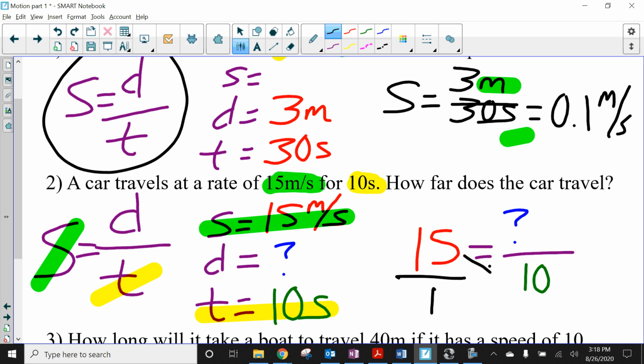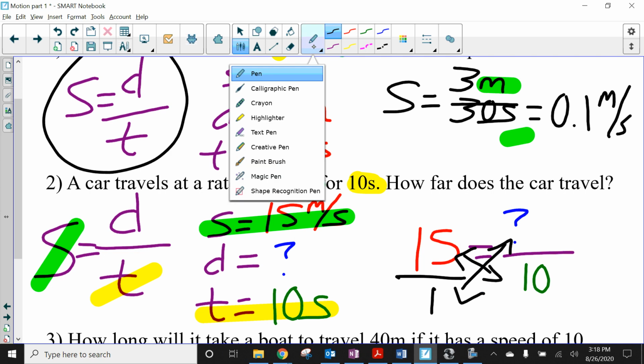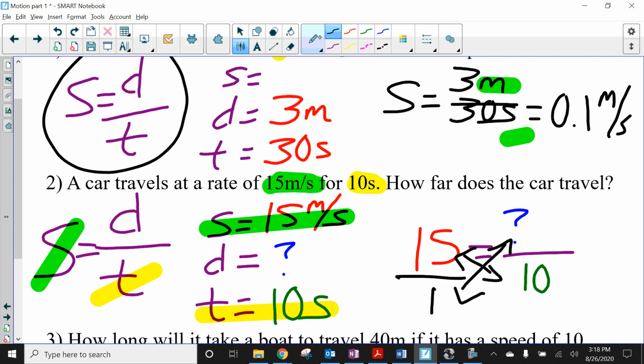Now we can cross multiply. We're going to multiply these two and these two. Cross multiply. So now 1 times a question mark is just a question mark. So it looks like we're going to be multiplying 15 times 10. So now instead of that question mark, where is my eraser? Here we go. Let's put a D right there.